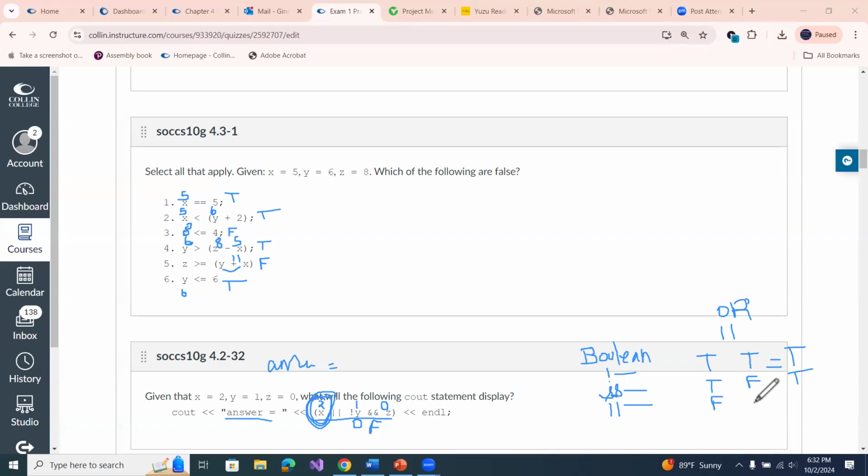False or true would give us a true. The only way we can get a false with an or is if we have two false statements, one on each side.